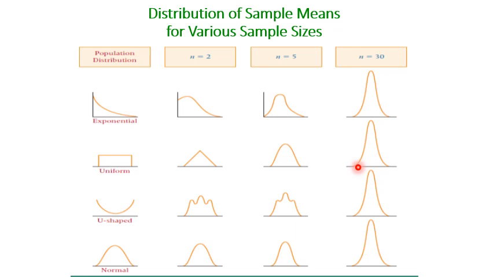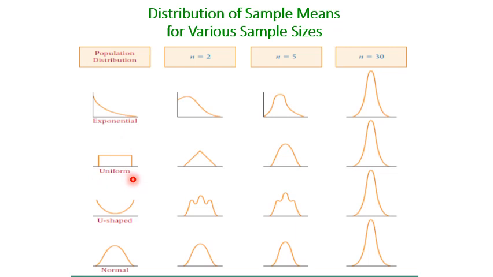Okay, now the figure on this slide. In the first column we have the shape of the distribution we are sampling from. In the first case we are sampling from an exponential distribution. The exponential distribution is one of the continuous distributions. We did not study this distribution in this course.